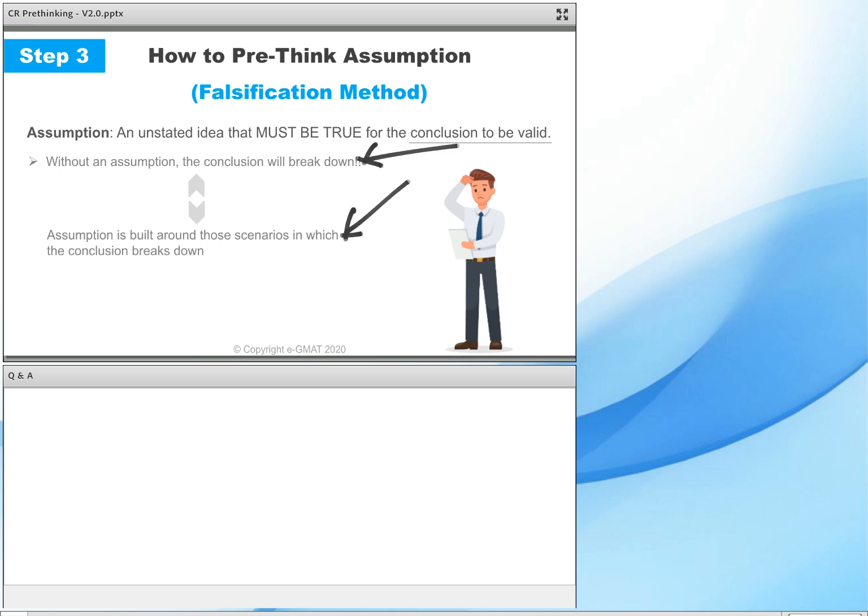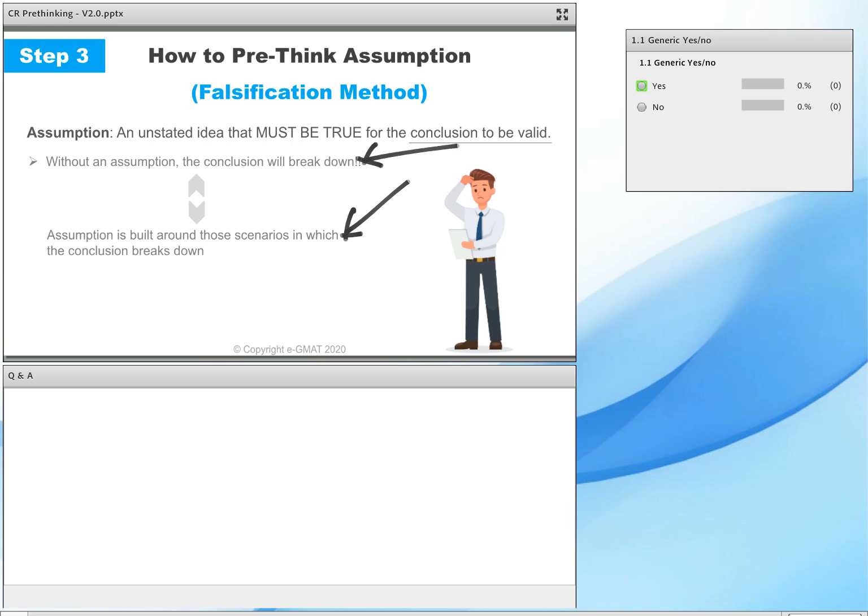So to figure out where assumptions are, you've got to figure out where my conclusion is breaking down. And once you figure that out, you just put that pillar over there. So find out those scenarios where your conclusion breaks down, and then the assumptions are simply that those scenarios don't happen. You just put that pillar over there.